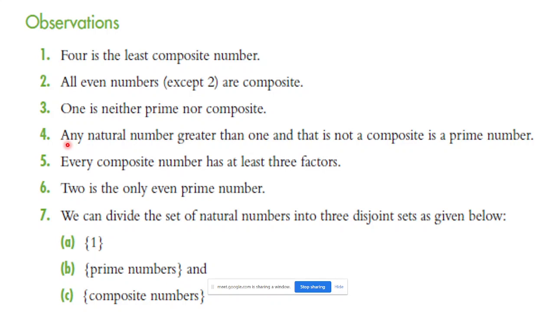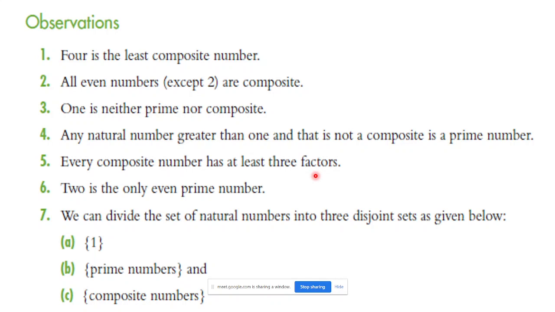And fourth observation, any natural number greater than 1 that is not a composite number is a prime number. Next point, every composite number has at least 3 factors.